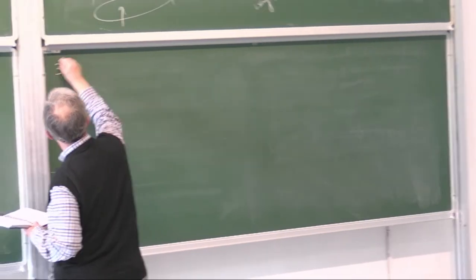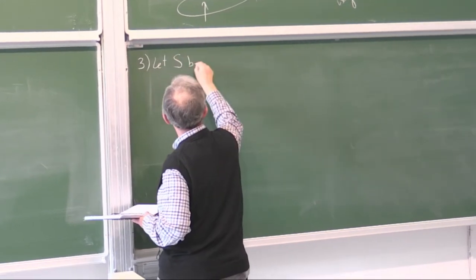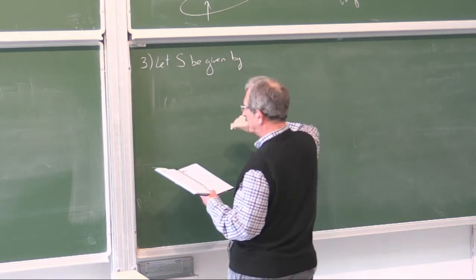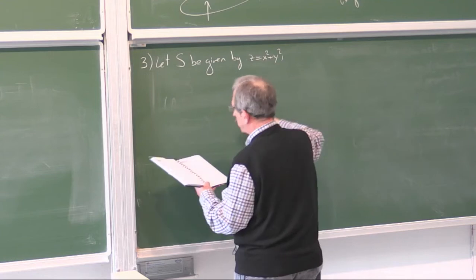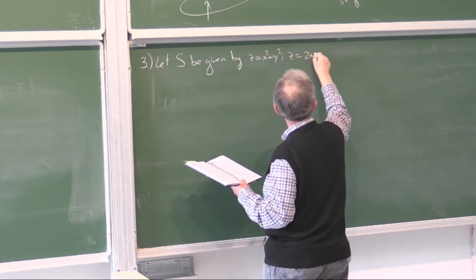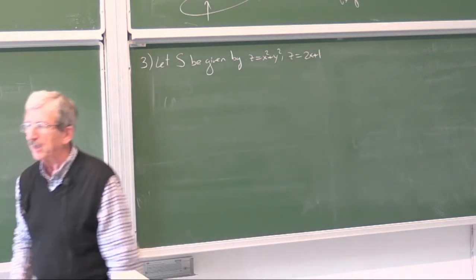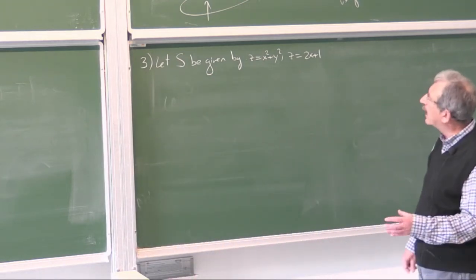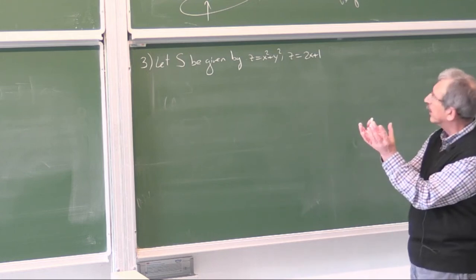As a third example, let S be given by a paraboloid and a plane, z equals 2x plus 1. Now, this of course says that you have a paraboloid and you cut it by a plane.